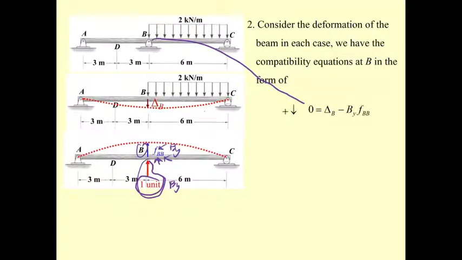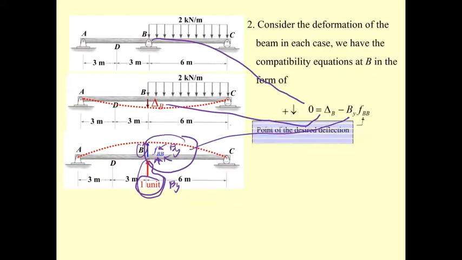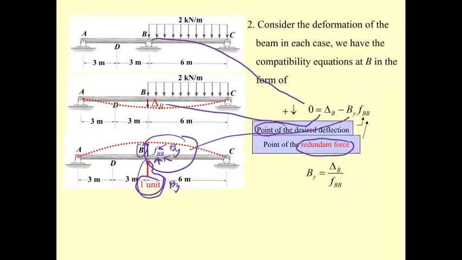Now what is positive? Delta B is positive. And this one is going to be negative because it is going to be upward. Our index is going to be the first one, the point of the deflection, and the second one, the point of the applied force. Now we have this equation.